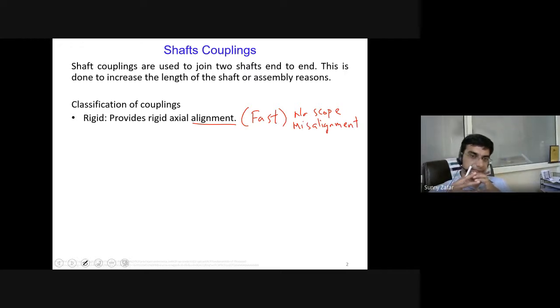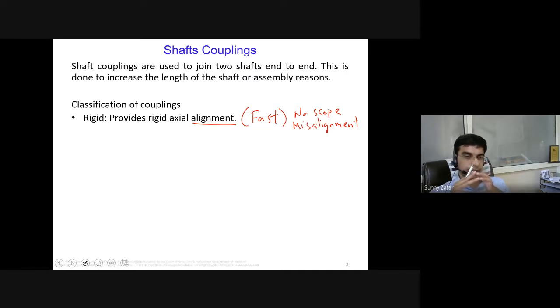No scope of misalignment means the shafts, or the arrangements made to couple these shafts, have to be perfectly aligned. If they are not perfectly aligned, first of all, the coupling will not be joined, or the coupling will not be successful. And even if you try to couple these misaligned shafts, there is a very high probability that the coupling may break and there may be a failure.